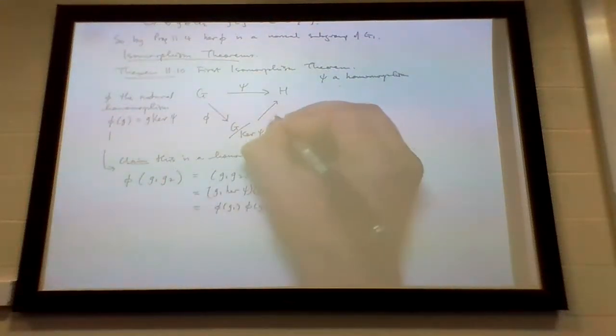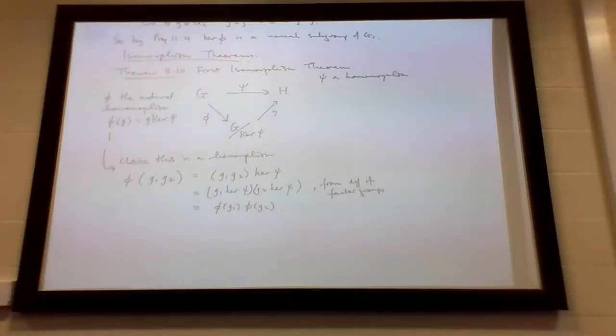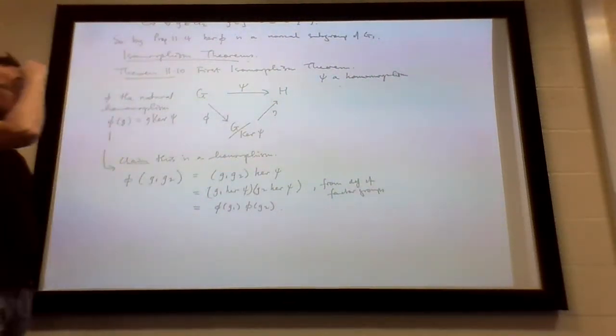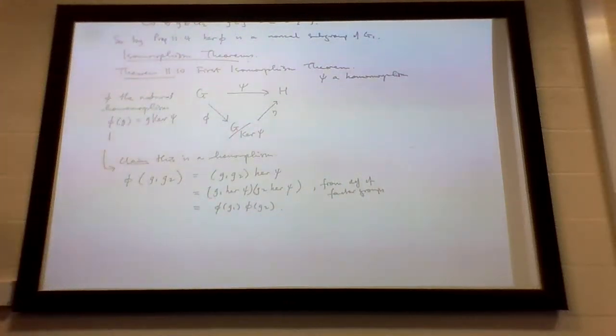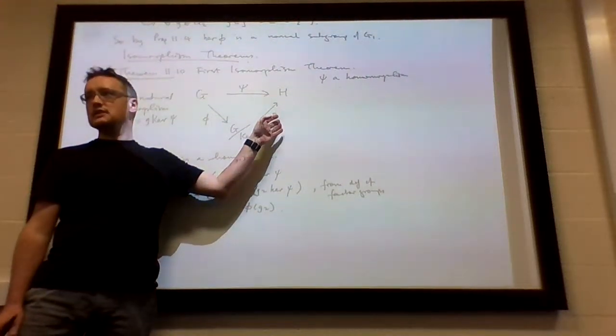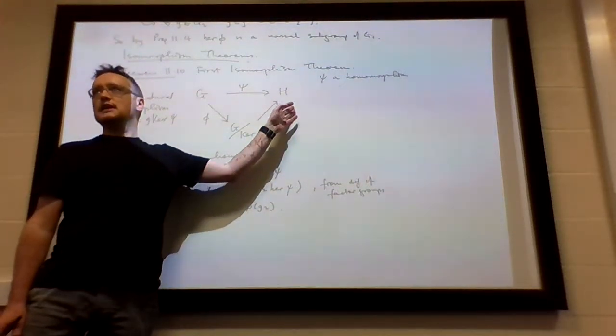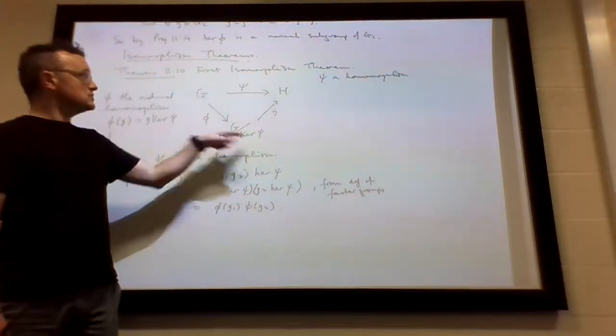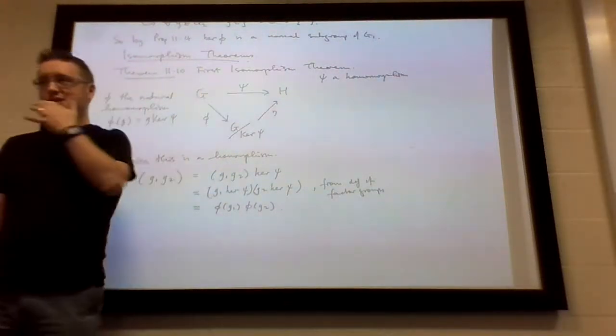He's representing it by eta. Now, in the theorem we discover a couple of things. It's a very natural operation here. It commutes with these other two.